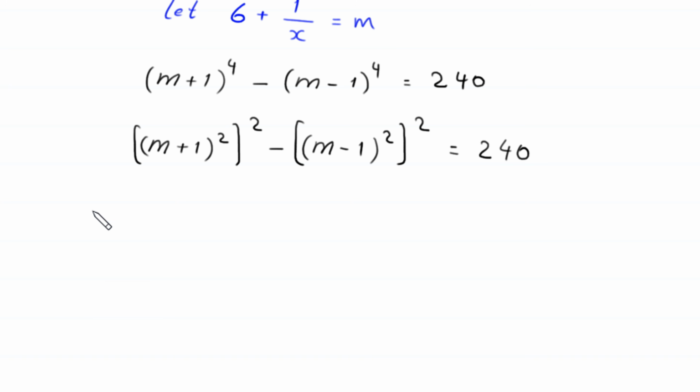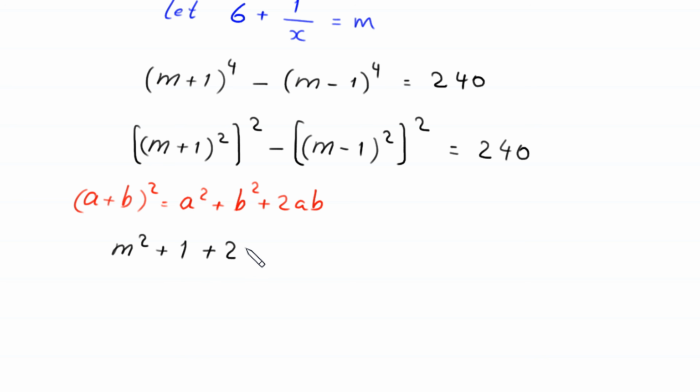Now by using this algebraic identity, (a + b)^2 is equal to a^2 + b^2 + 2ab, this (m + 1)^2 will become (m^2 + 1 + 2m)^2. This square will come here.